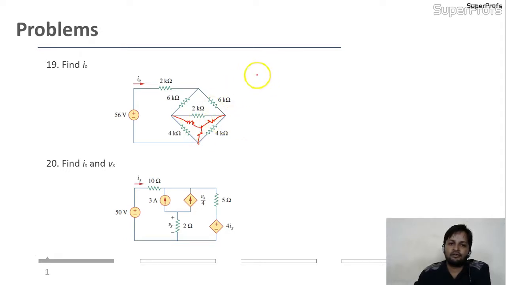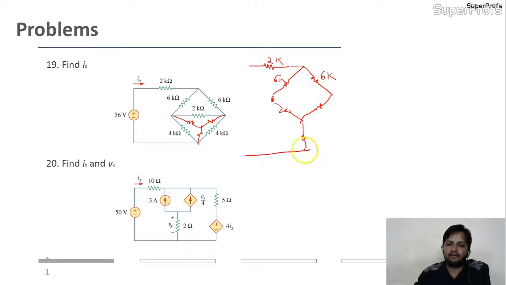Okay, so your new circuit is like 2K. I'm drawing your new circuit now. Okay, 6K, these 2 points like this and like this. This is your ending point. Is it okay? Now tell me the value.